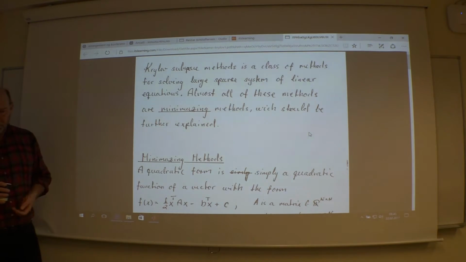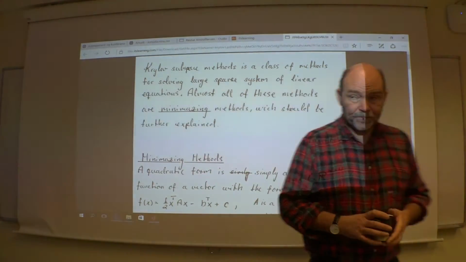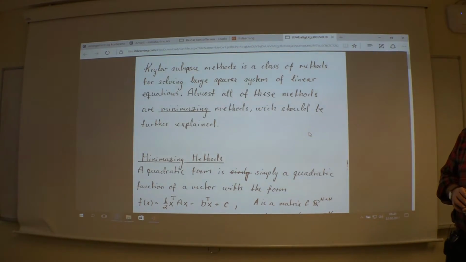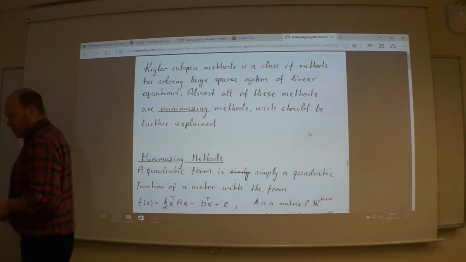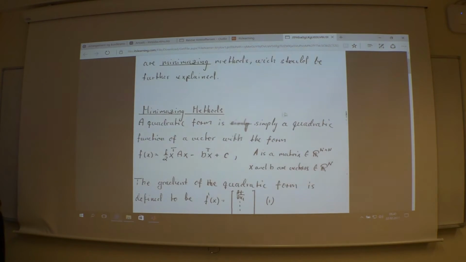Solve it fast. With the Krylov methods, we change the way of thinking. We don't look at the equation system directly. We look at something called a functional, a quadratic form.